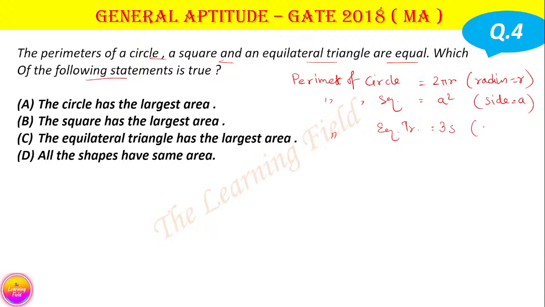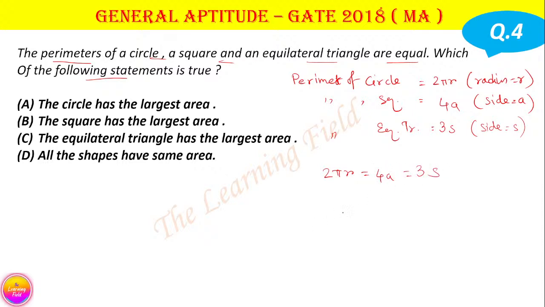Now since the perimeters of these three are equal, 2 pi r equals, sorry, the square's perimeter is 4a, since this is perimeter. So this is 4a and this is equal to 3s.